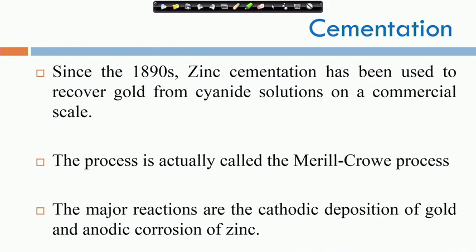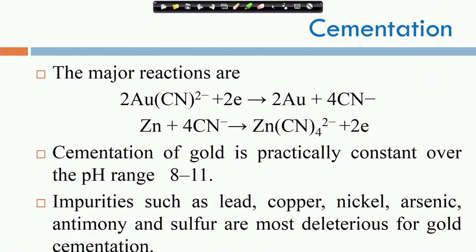This process has been explained nicely by Merrill and Crowe, so it's called the Merrill-Crowe process. The major reaction here, especially in cathodic deposition, is the gold deposition and anodic corrosion of zinc. So in the cathode, we say the gold gets deposited. That's how the reaction takes place. So that's the zinc cementation reaction used to recover gold. It's a pretty old method.